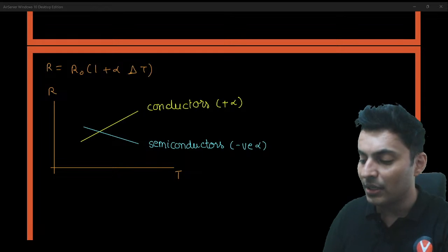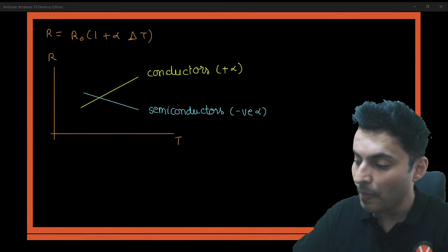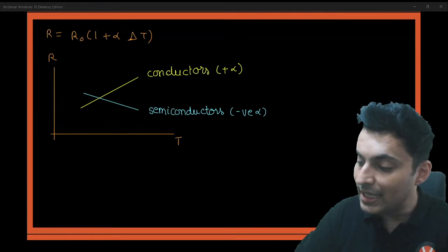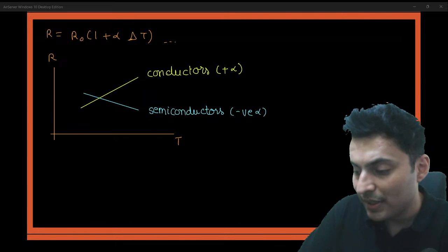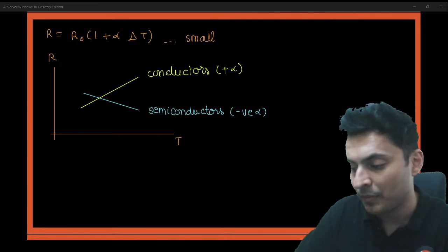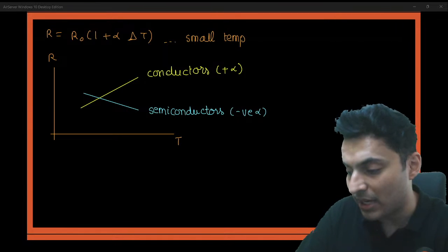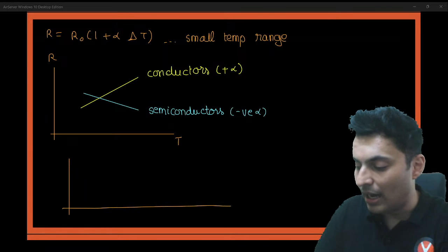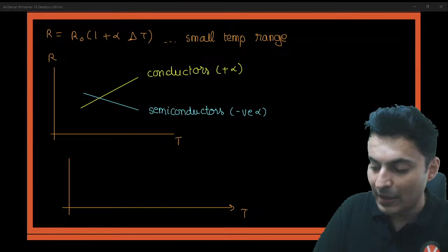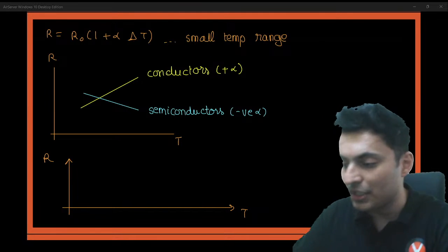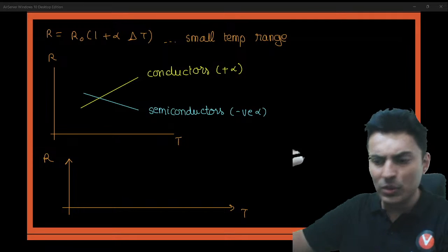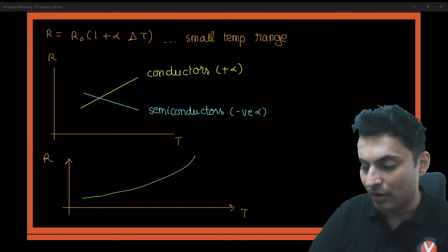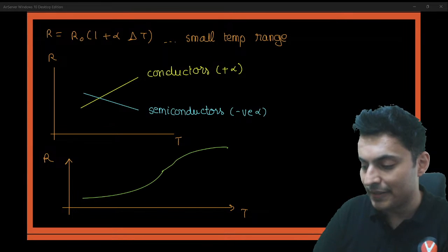But having said that, also bear this in mind: these graphs are only valid for a small temperature range. If you take a very huge range of temperatures, you will most likely see the graph is a curved line, like this.